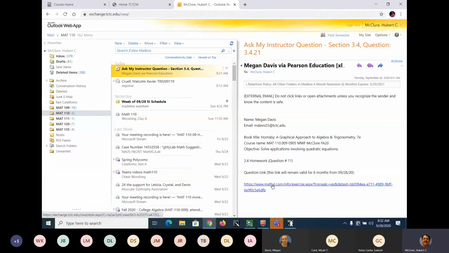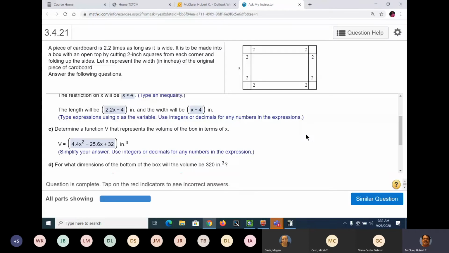All right, this is 3.421/11. First of all, when I see this question, this is a stupid question. You have every right to have a question on this one. There are like 3 or 4 of these. These are questions that go with that new math. They're talking about a box, and the box is 2.2 times as long as it is wide. So you have 4 this way and 4 that way. That's where the 4s come from, because what's 2 plus 2? 4.